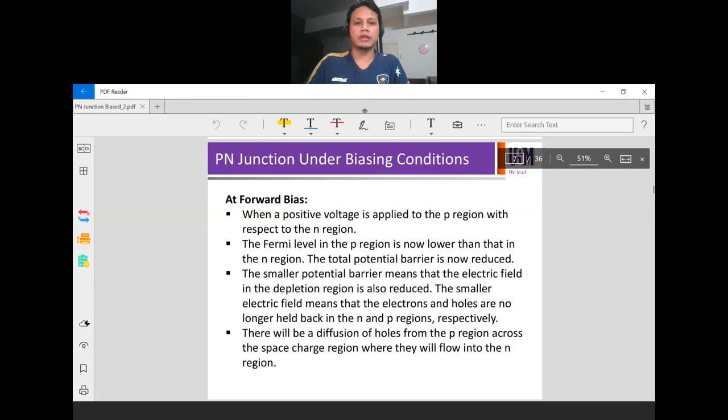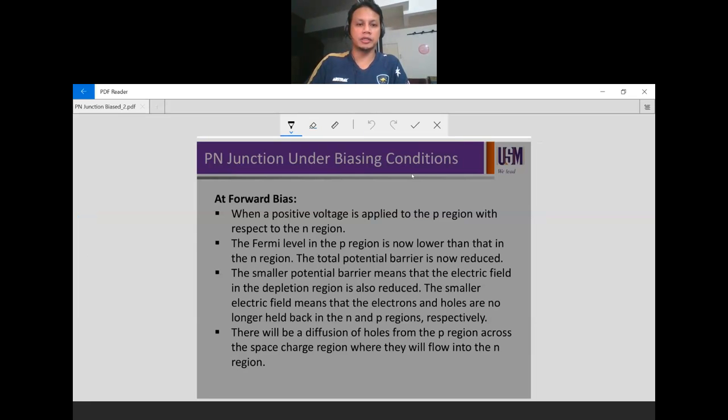Now, on the other hand, let's look at the forward bias condition. When a positive voltage is applied to the P region with respect to the N region, this one is the same polarity. So the Fermi level in the P region is now lower than that in the N region. The potential barrier is now reduced in comparison to your thermal equilibrium condition.